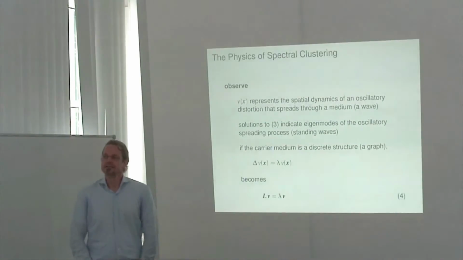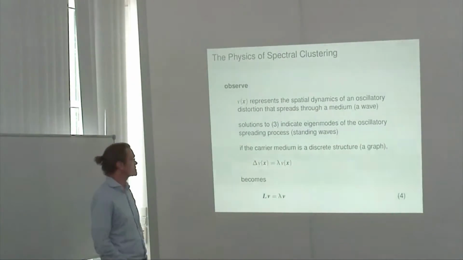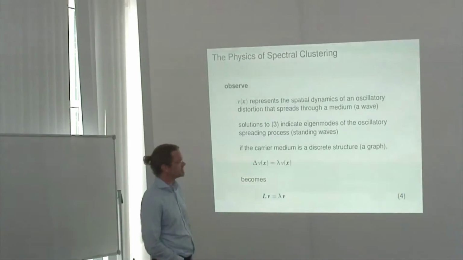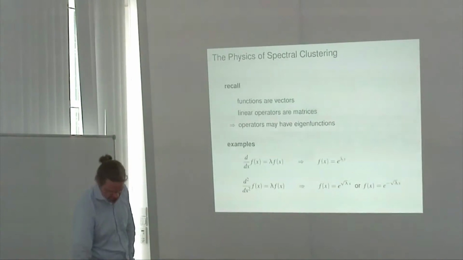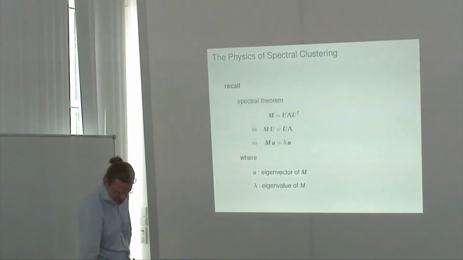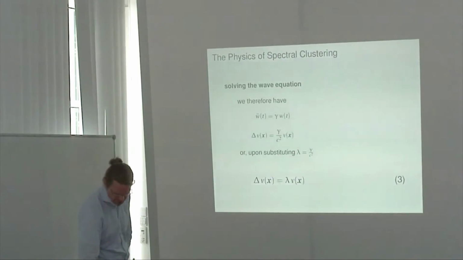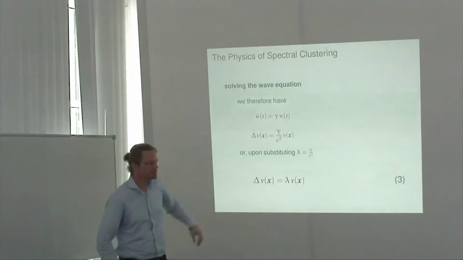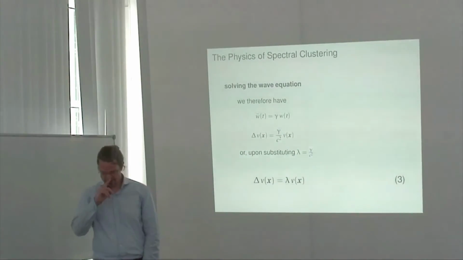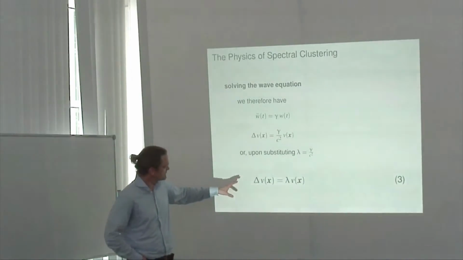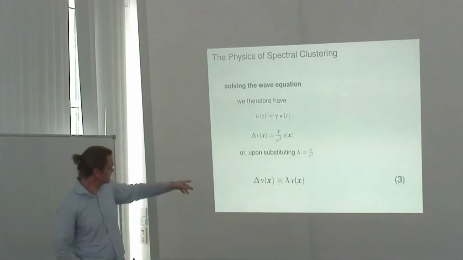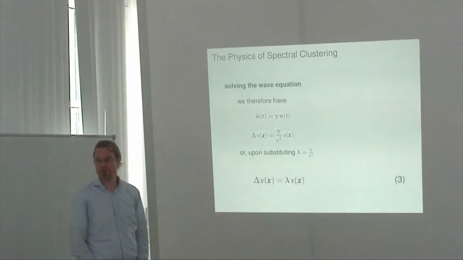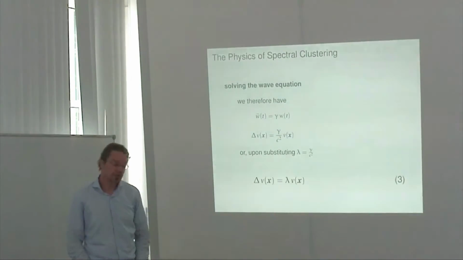All right? v of x represents the spatial dynamics of the wave. Solutions to these equations, once again, this is what we found from looking at the wave equation. We found that v of x is supposed to be an eigenfunction of the Laplace operator.